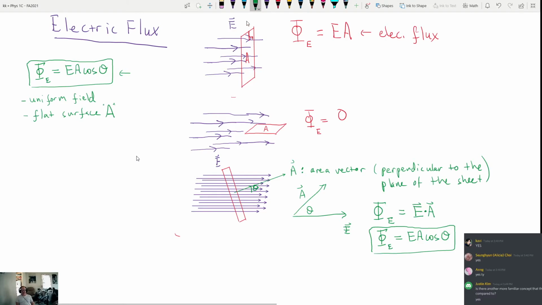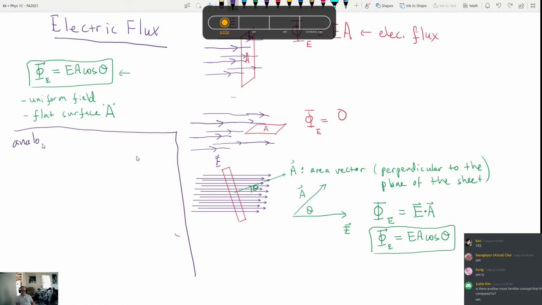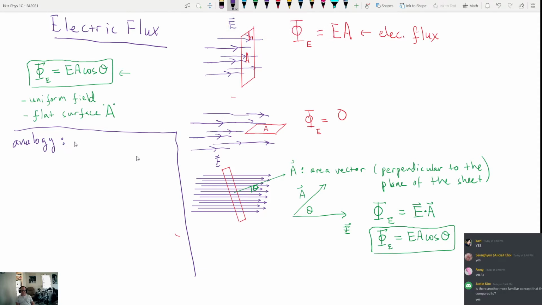So let's do an analogy. Solar flux. So let's say you have a home, okay? And your home is going to be a very, very simple home. It's going to be shaped like a rectangle.